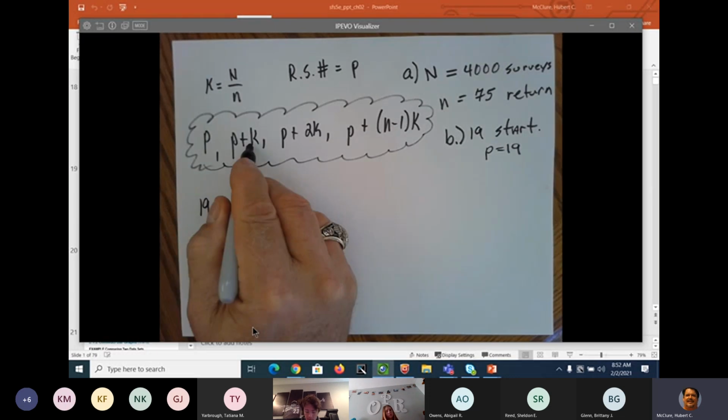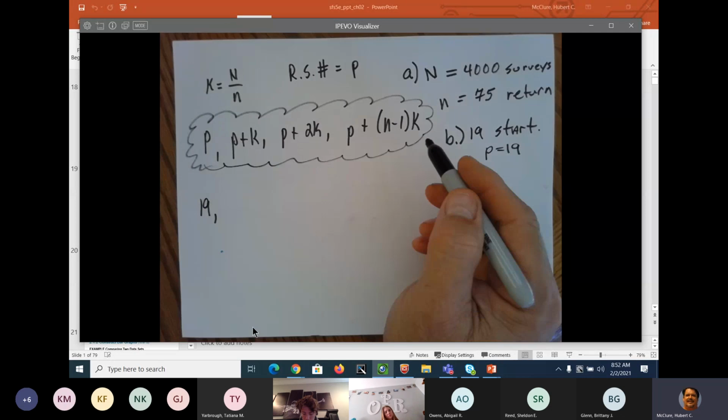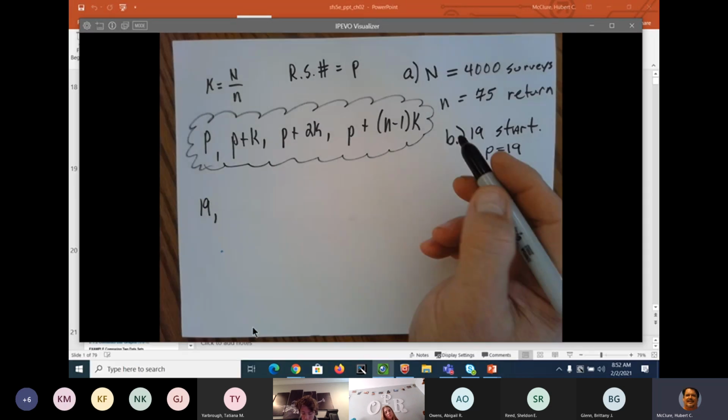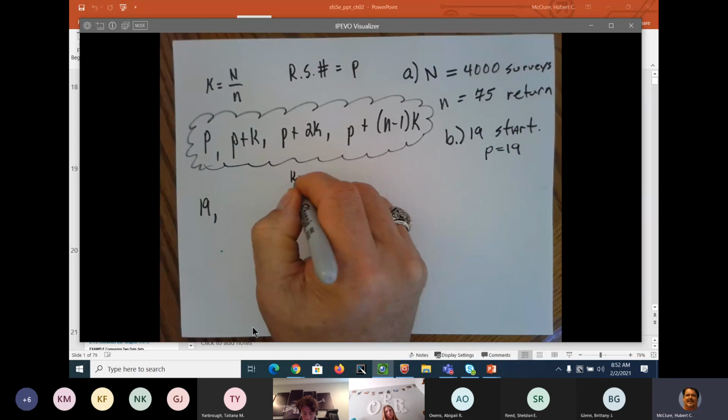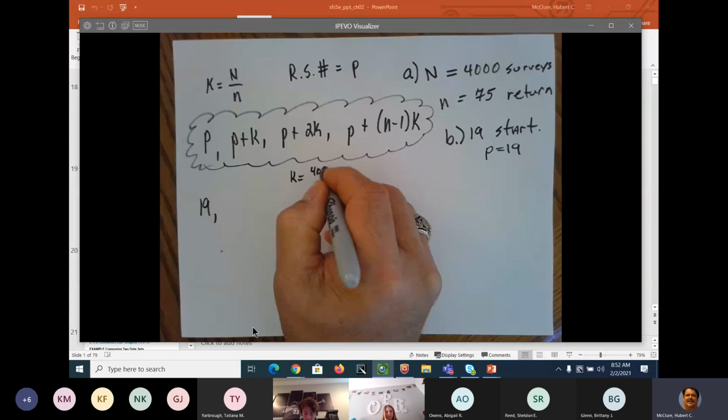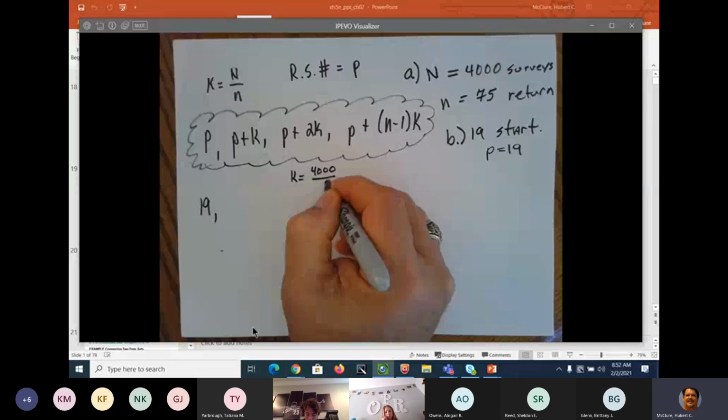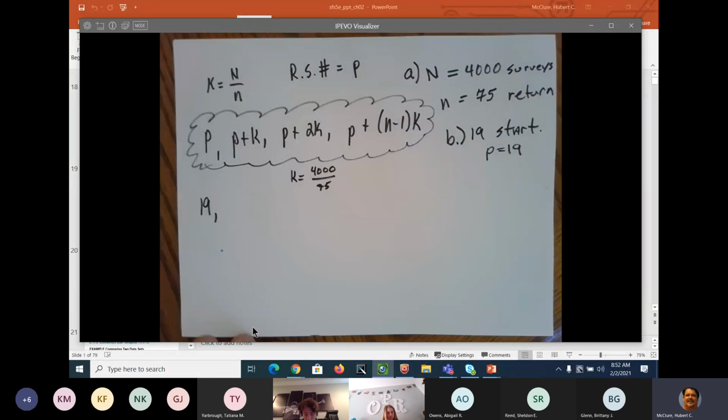And P plus K, well, we've got to find K. So K is equal to 4,000 divided by 75. So I'm going to take my handy dandy calculator on my phone, and I'm going to make sure it's a whole number. So 4,000 divided by 75.